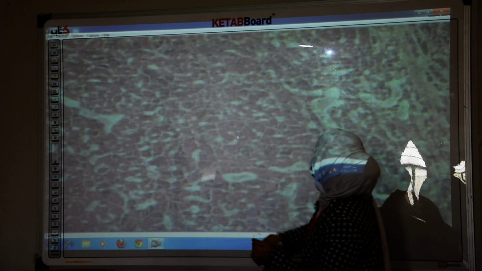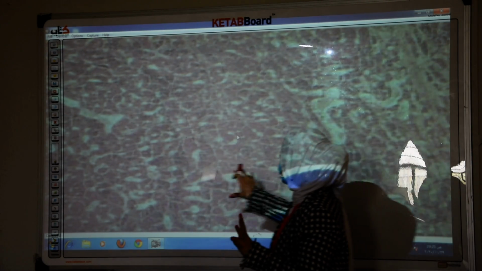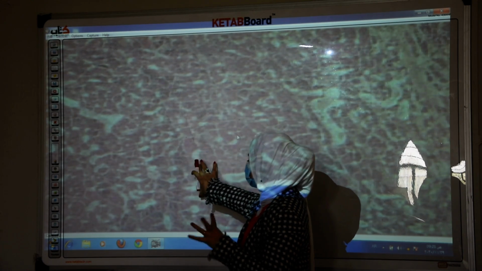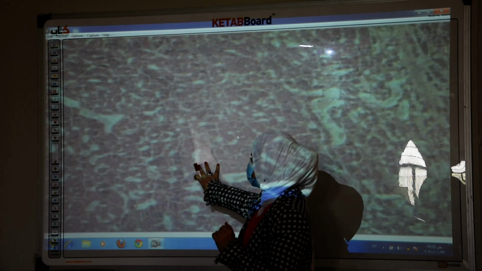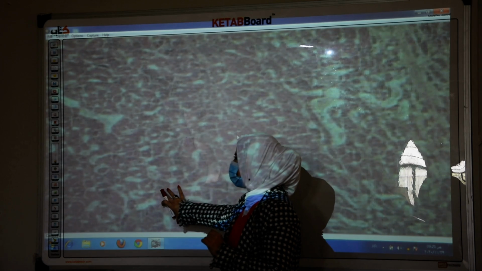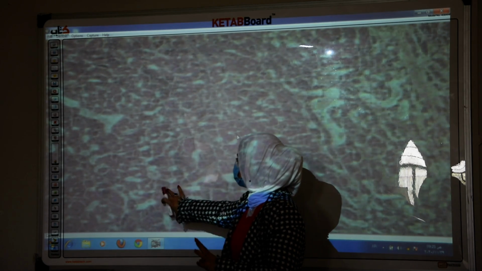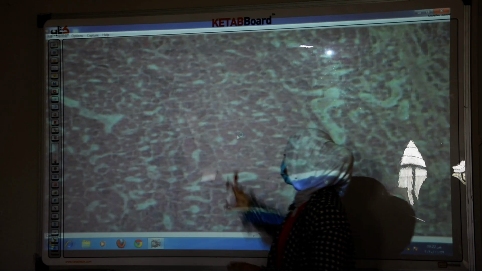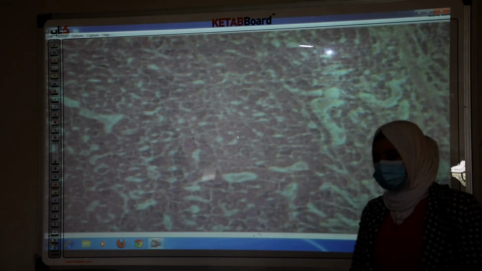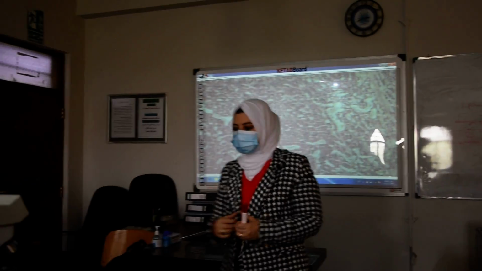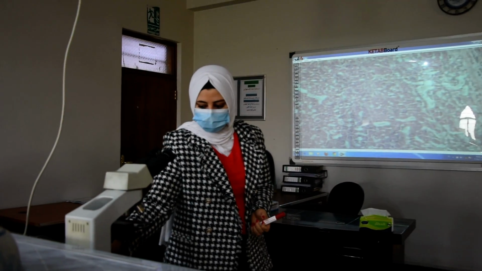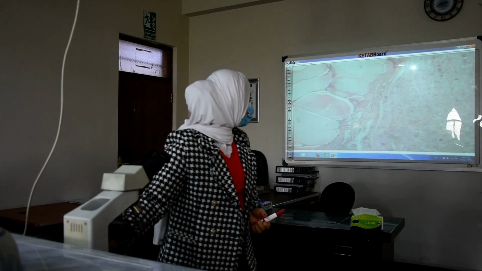The red or pink ones are acidophils, and the purple or blue ones are basophils. Okay? Each one of these cells has secretory granules.